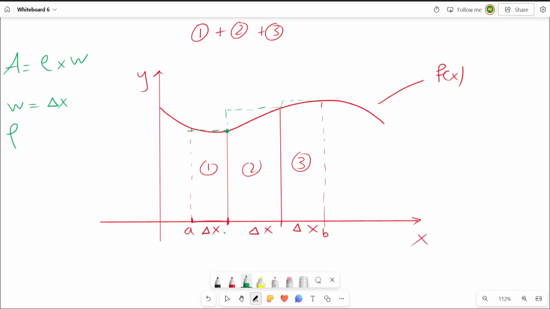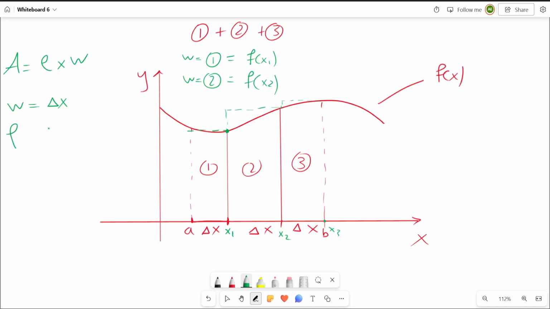So let's say this is x1, this is x2, and this over here is x3. The height of rectangle 1 is f of x1, which is the y value of the curve evaluated at x1. The height of rectangle 2 is going to equal f of x2.